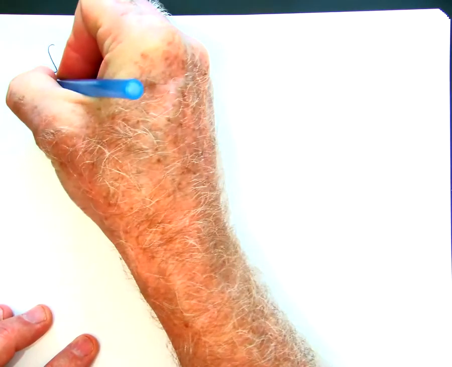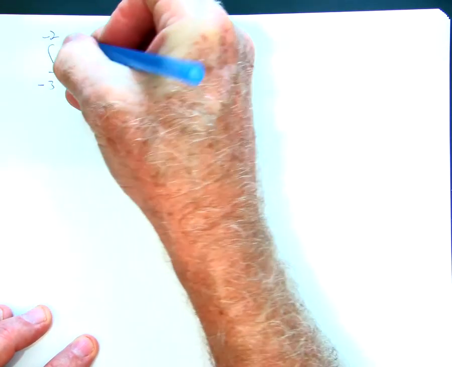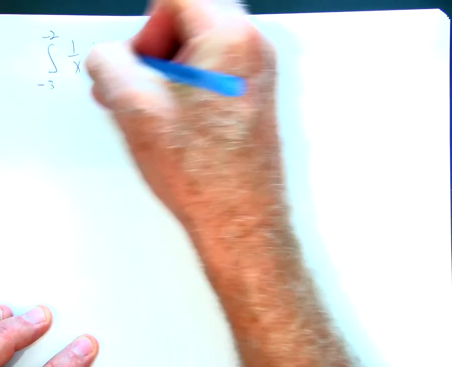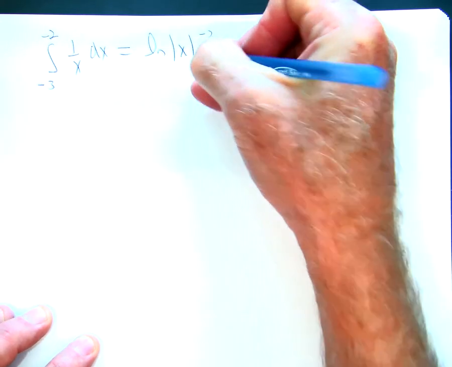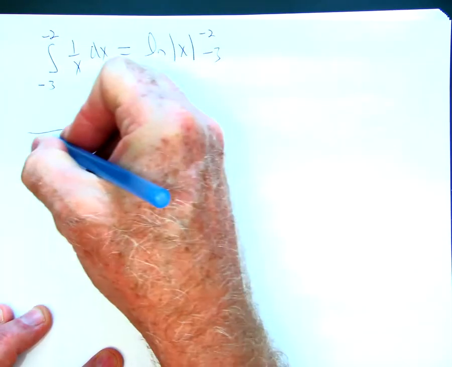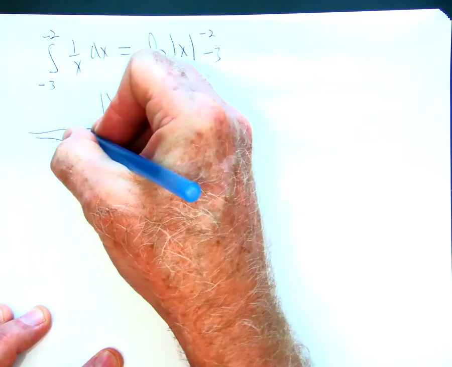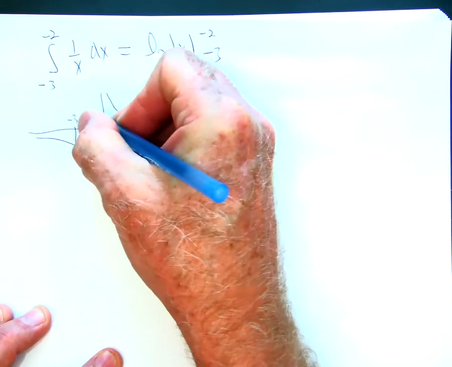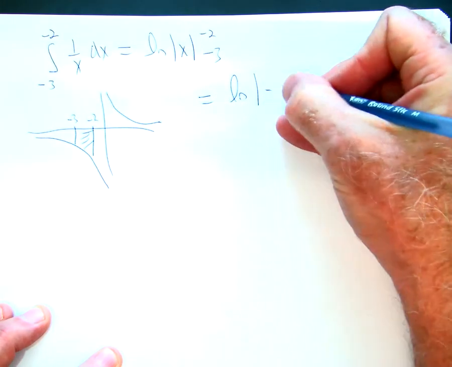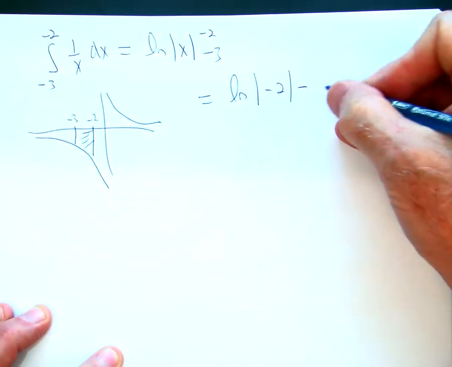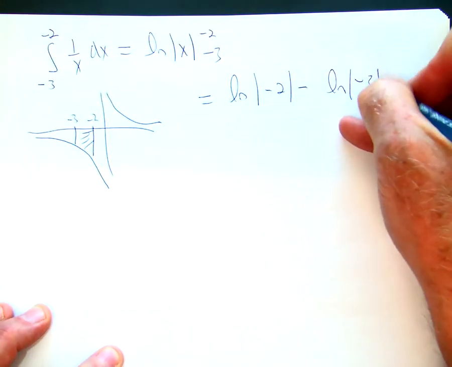So let me illustrate the formula on that same problem. The integral from -3 to -2 of 1 over x dx is equal to the natural log of absolute x from -3 to -2. So quick, here's the geometry of the problem, going from -3 to -2. Well, that's going to be the natural log of the absolute value of -2 minus the absolute value of -3.